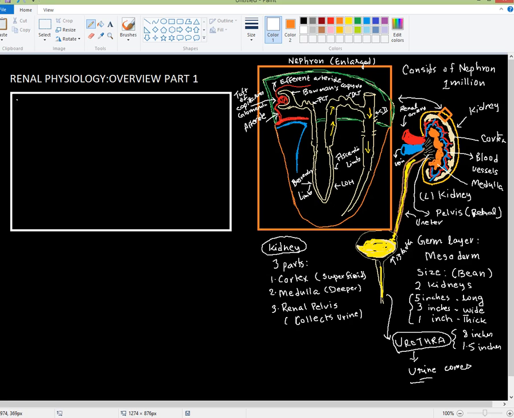So that's the route, like how it is entering through the vascular system, getting filtered, getting concentrated, and then it is carrying the nitrogenous wastes and something in excess that comes out, and then it enters the renal pelvis, and from renal pelvis it's going to the ureter, and from ureter to the urinary bladder, and from bladder to the urethra, and from urethra it comes out.